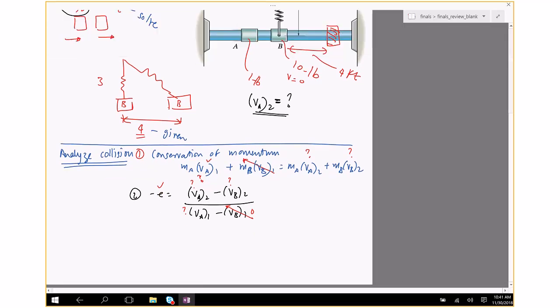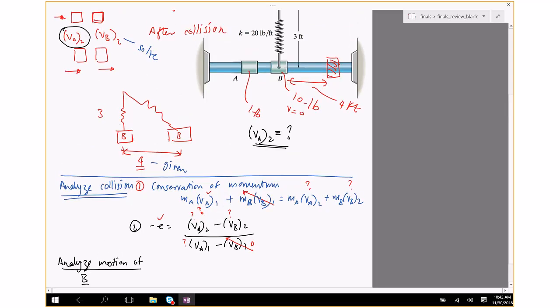The second piece is to analyze the motion of B only. This is when it's moving under the influence of the spring. B has a speed, let's call it VB2.